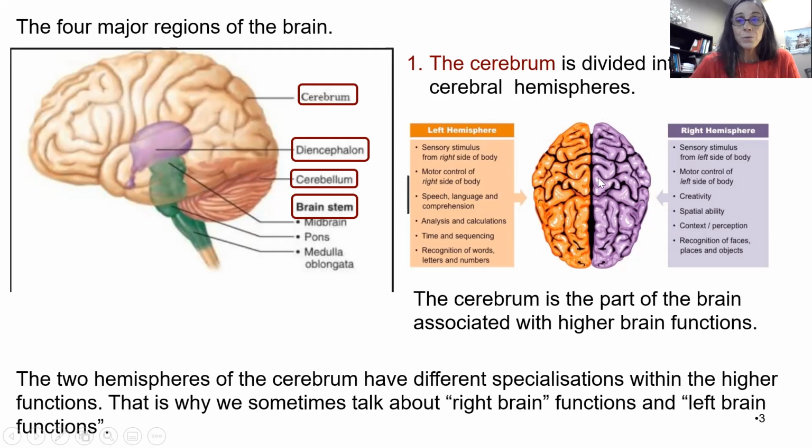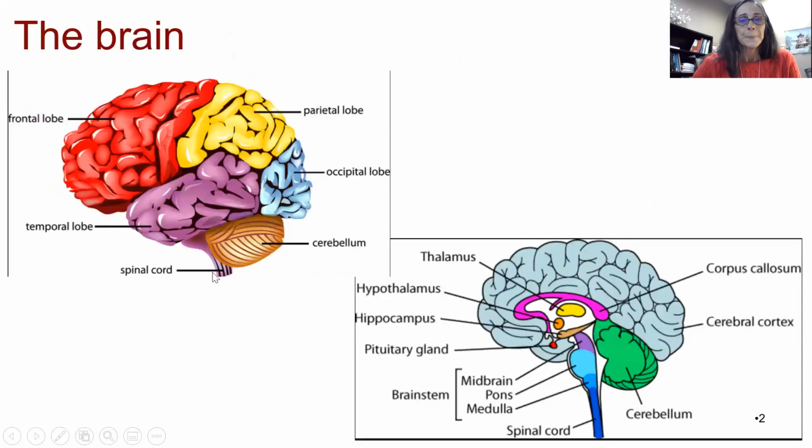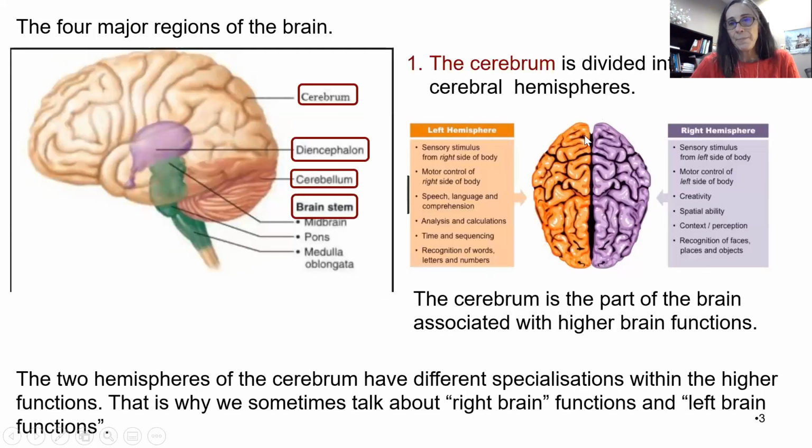Longitudinal fissure, which makes sense because it just cuts you right in half. You can't see it on here because we're looking at it lateral, and you can't see it on here because it's cut down all the way. So this is the best picture to identify the longitudinal fissure.